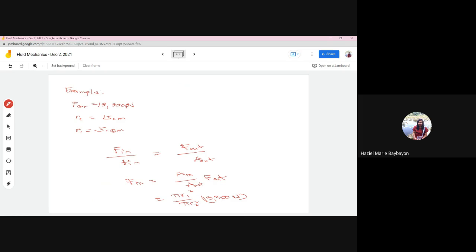Cancel pi out, so we have 5 squared divided by 15 squared multiplied by 13,300 newtons. So the input force is just 1.48 times 10 to the 3 newtons, which is equal to 1480 newtons.